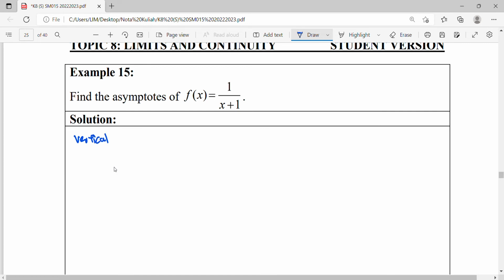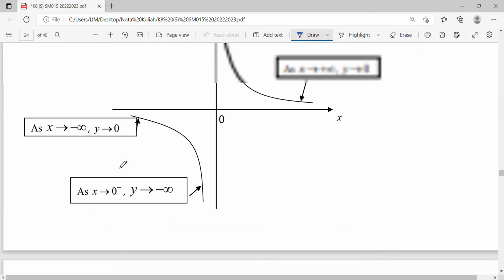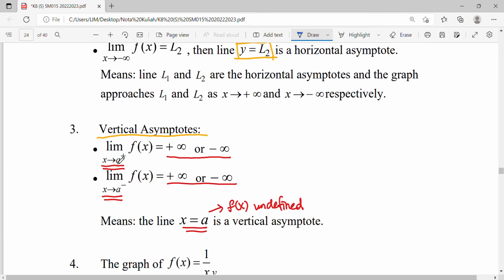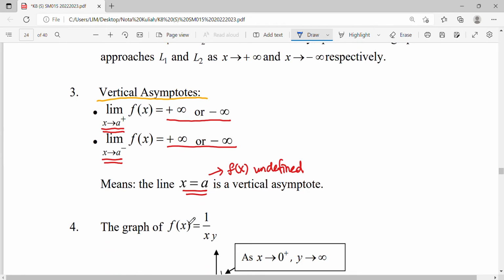Kalau nak cari vertical asymptote, kita start dengan apa? One-sided limit at the point. So you must have that point. What's your point? Your point where your function is undefined.